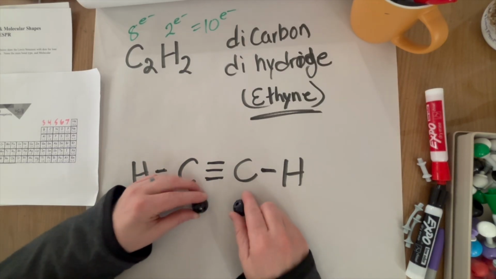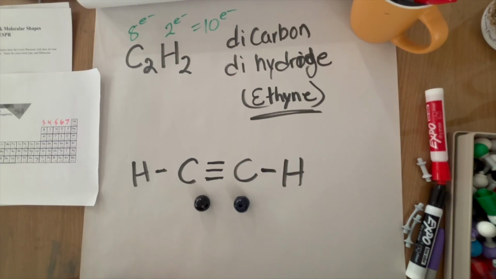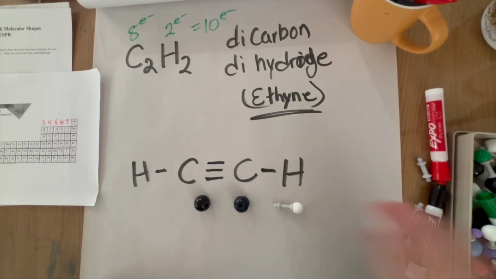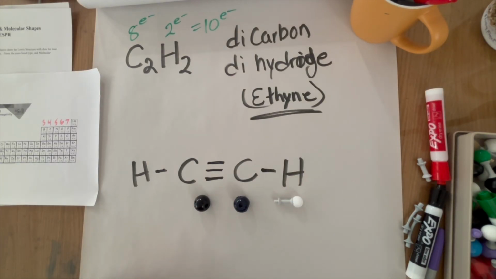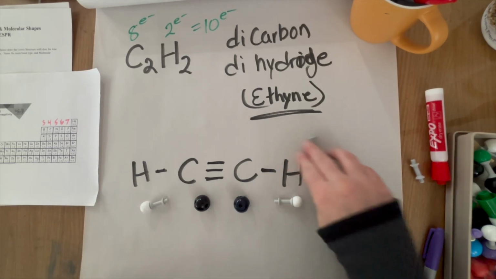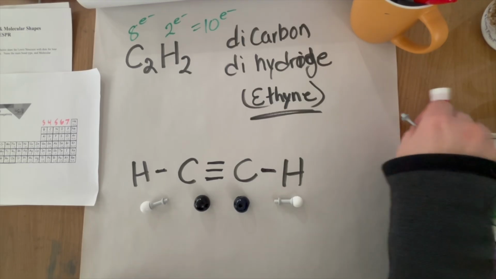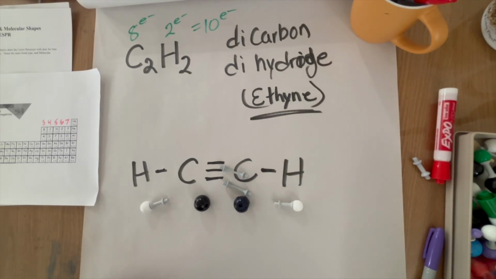They're usually the black ones with 4 holes. And 2 hydrogens, and 2 hydrogens. And then we're going to need these little wiggly ones to make our multiple bond. There we go. Okay, so we've got all the bits and pieces.